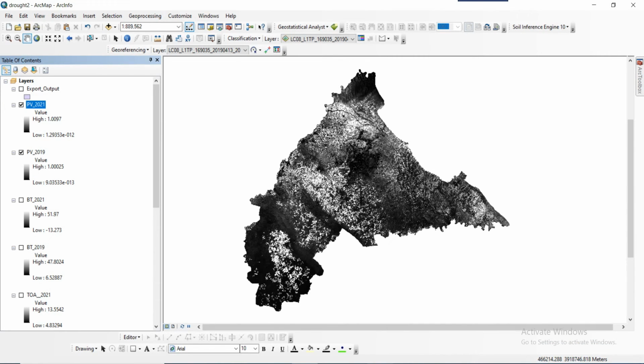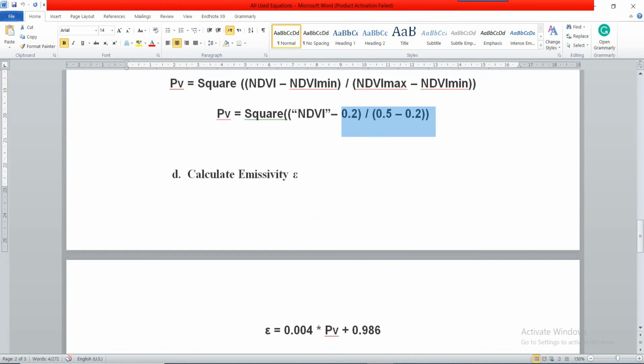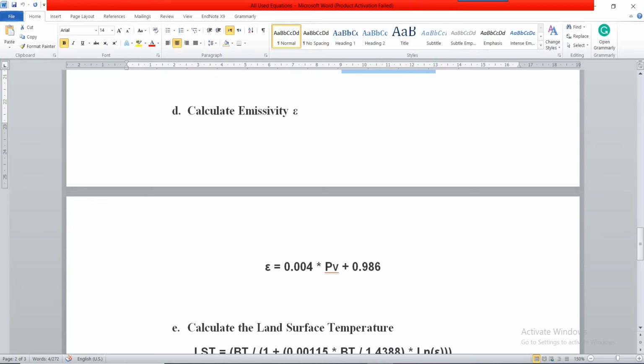Okay, we jump to the next step, which is calculating the emissivity, which usually has this symbol. It's a very simple formula, which has two constants, 0.004 and 0.986, and we have PV for the same year.